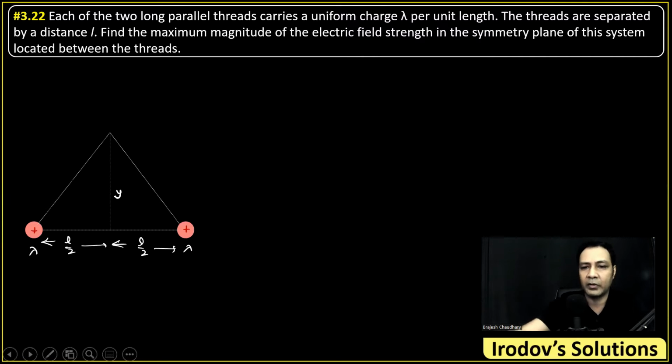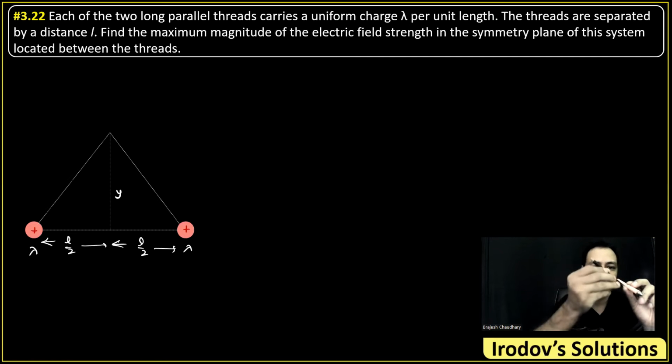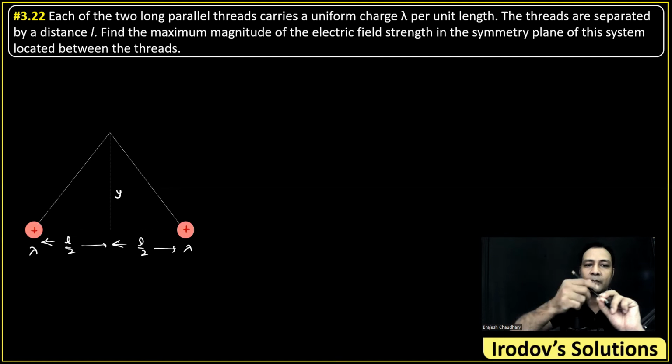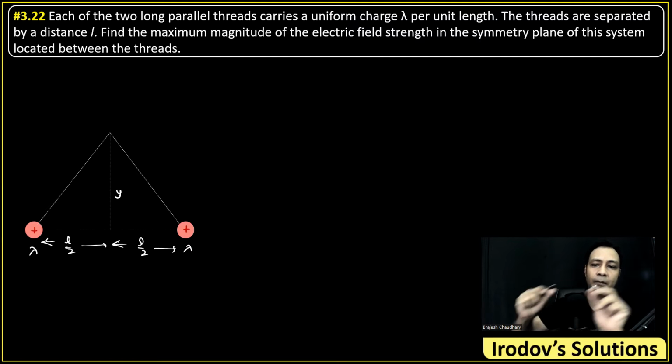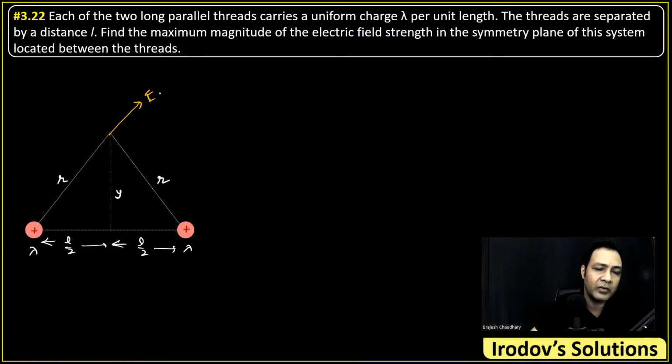Because of this wire, the electric field is E along this direction, away.